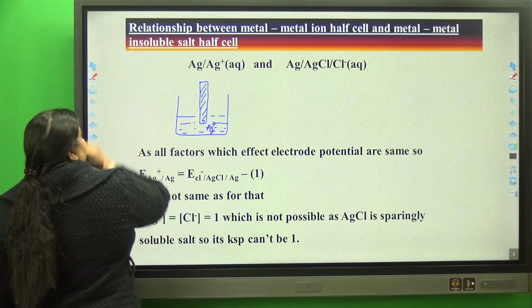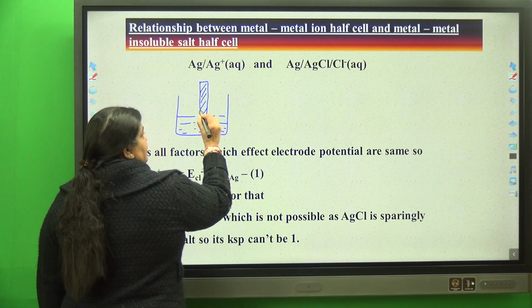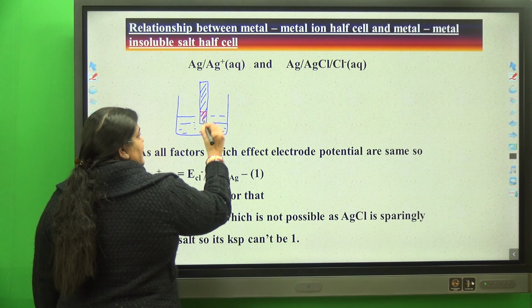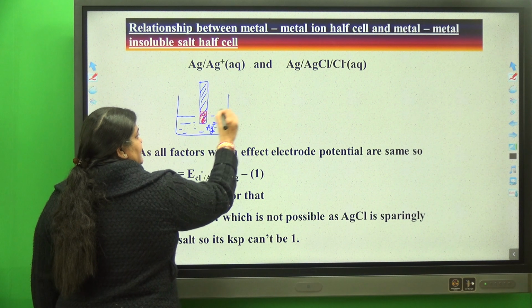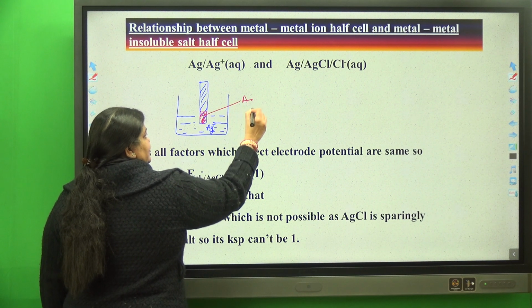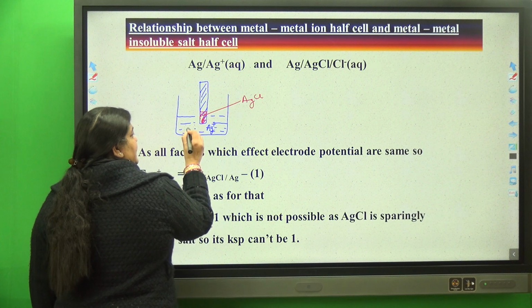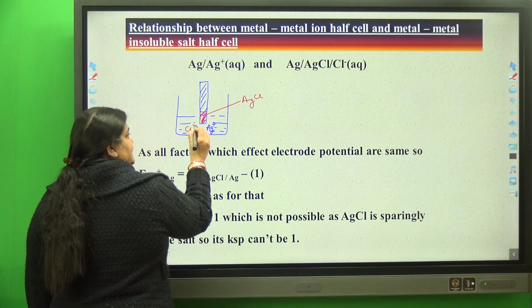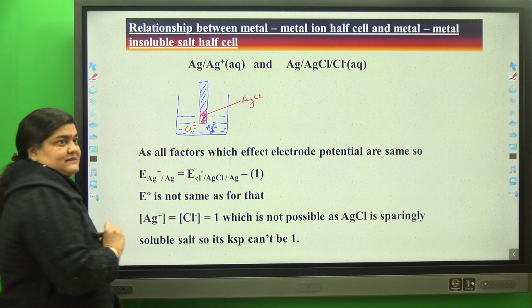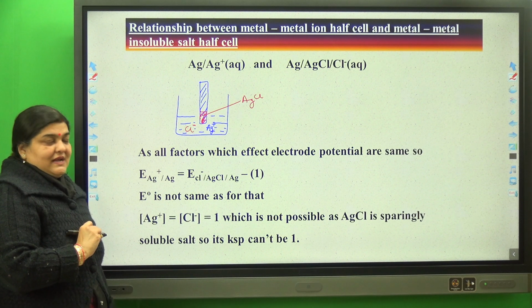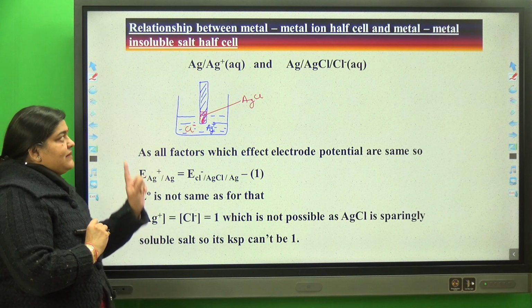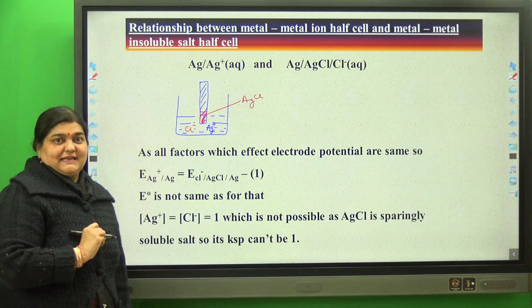Now let's treat it as silver coated with its insoluble salt, silver chloride, dipped in a solution of KCl which is furnishing Cl negative ions. So एक ही वेसल में हम इन दो तरीके के हाफ सेल्स को कैसे ले सकते हैं?